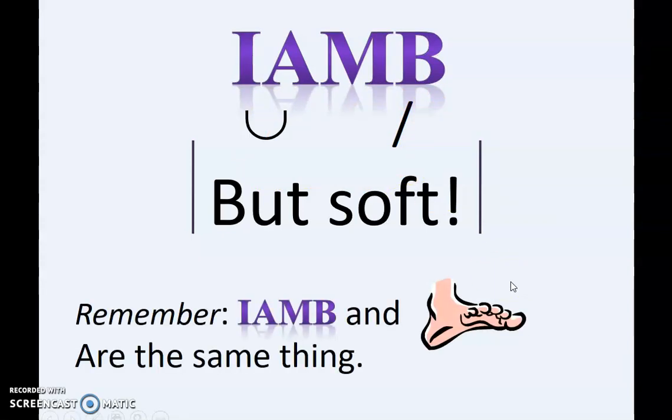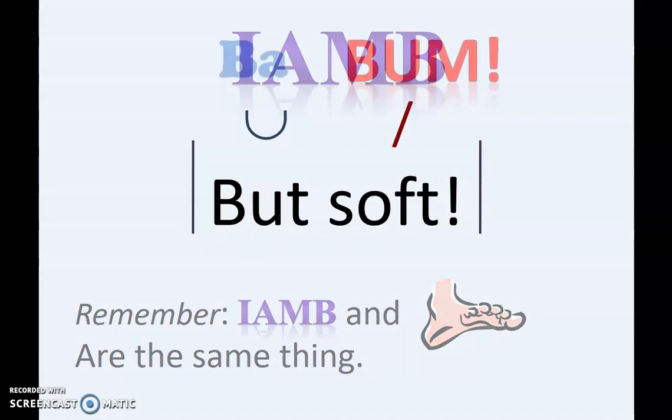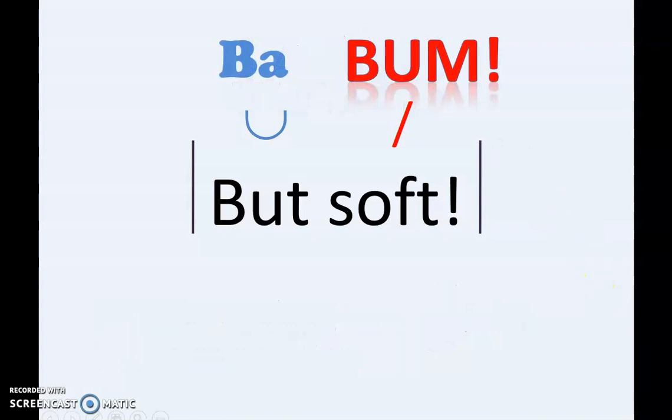So remember, an iamb and a foot are the same thing, but an iamb is going to have unstressed, stressed. So if I were to ask you, what is an iamb? You're going to say it's a foot that's unstressed, stressed. It kind of makes this noise like ba-bum, okay?